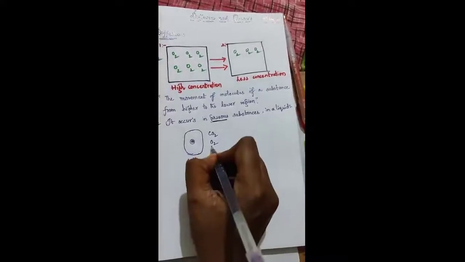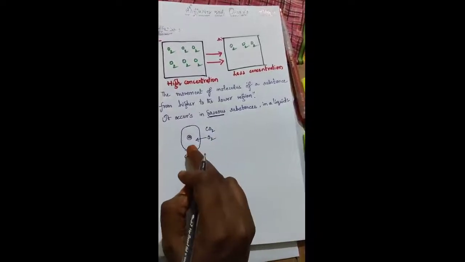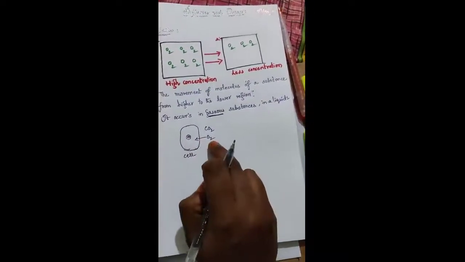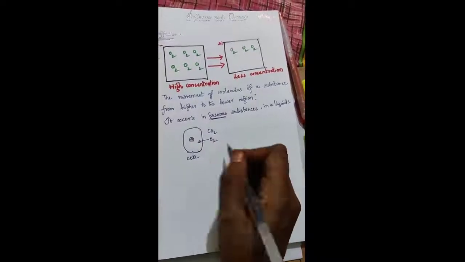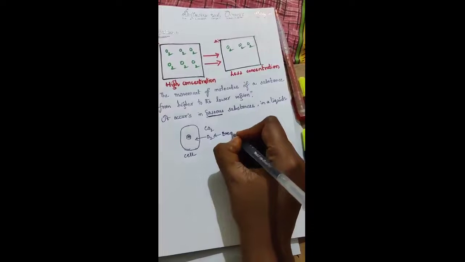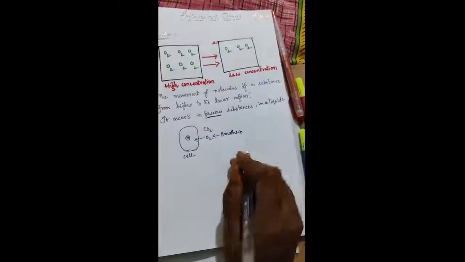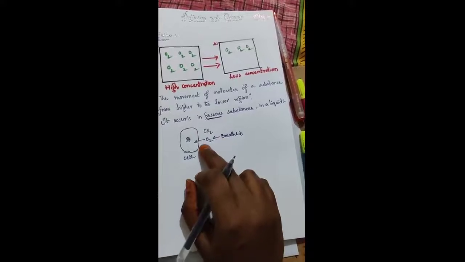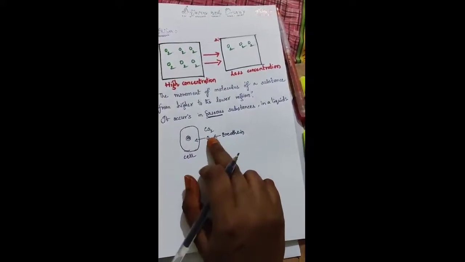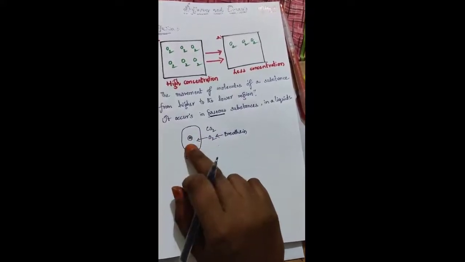We require which type of gas? Oxygen. So when there is a lesser amount of oxygen in a cell, from where will we get oxygen? When you breathe, then only we will get oxygen. So when you breathe in, what happens? Oxygen enters into your body and into the cell. So here you have a higher concentration of oxygen comparatively.